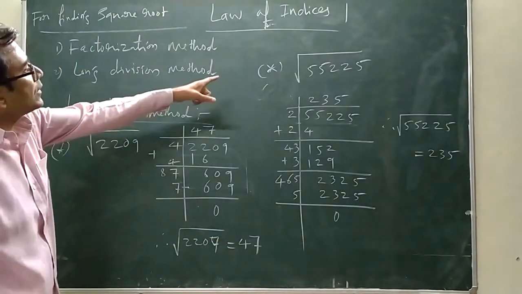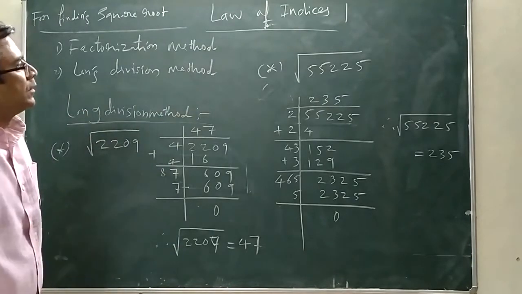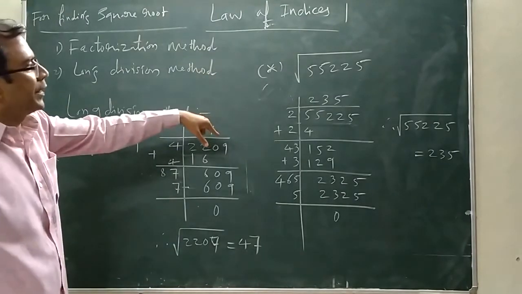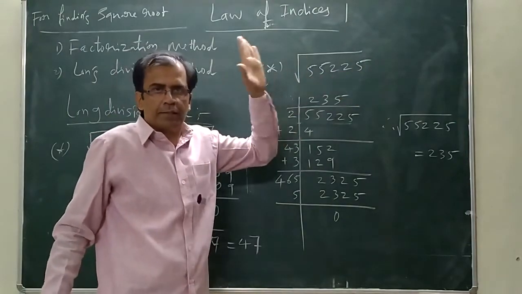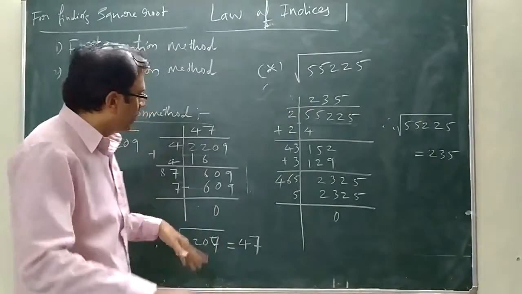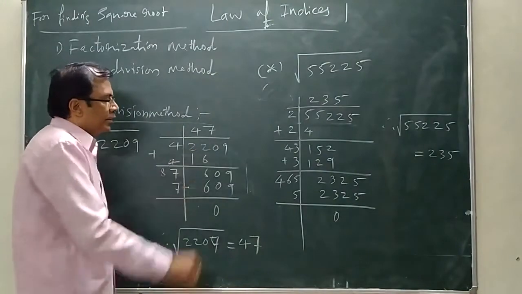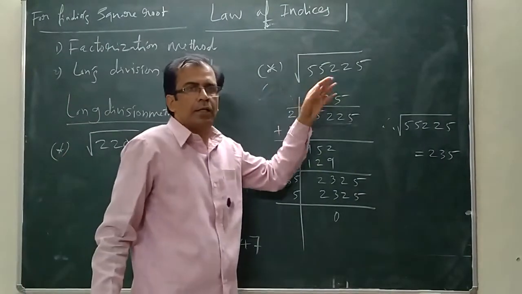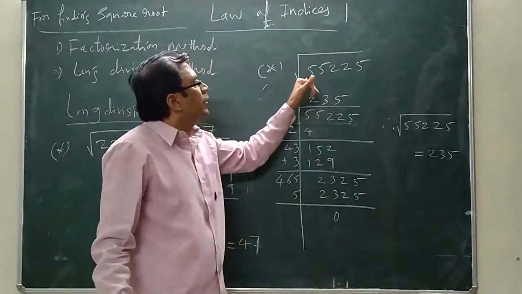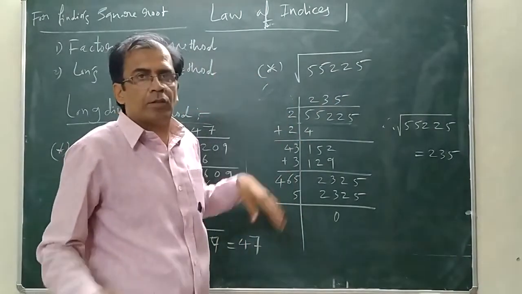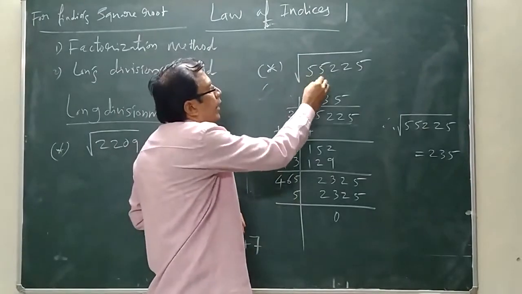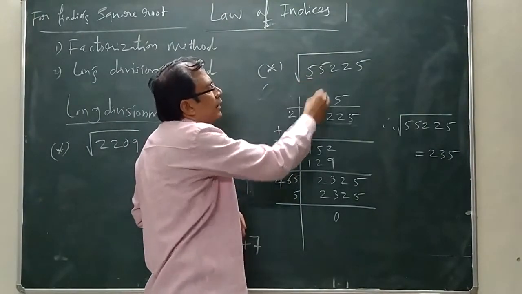Next, the second problem, finding the square root again. 55,225 is the number. Previously we have done only a 4-digit number, but here we have taken a change. 5 digits, nothing but an odd number, and you have to take a single digit here.